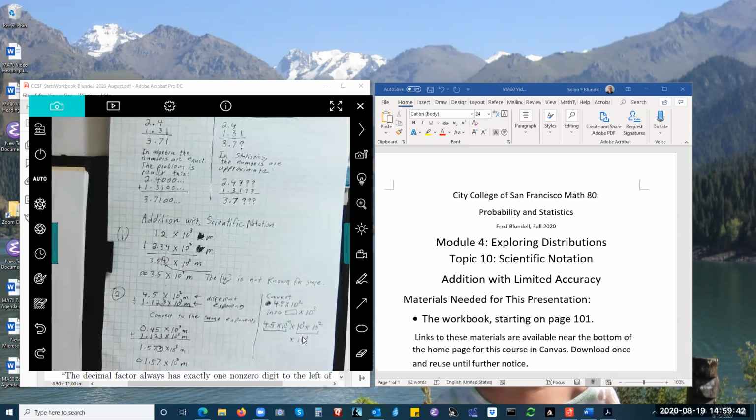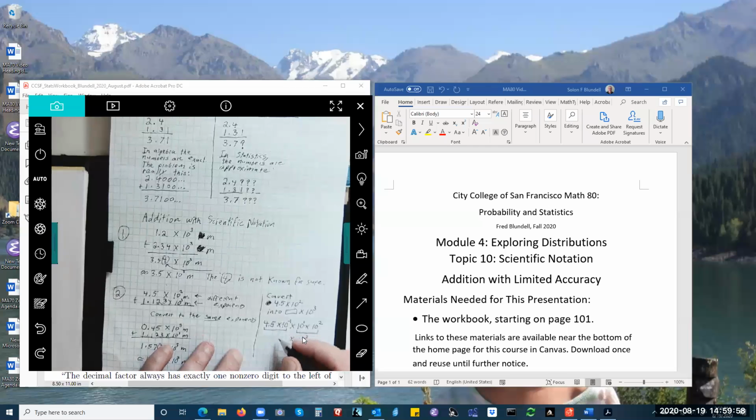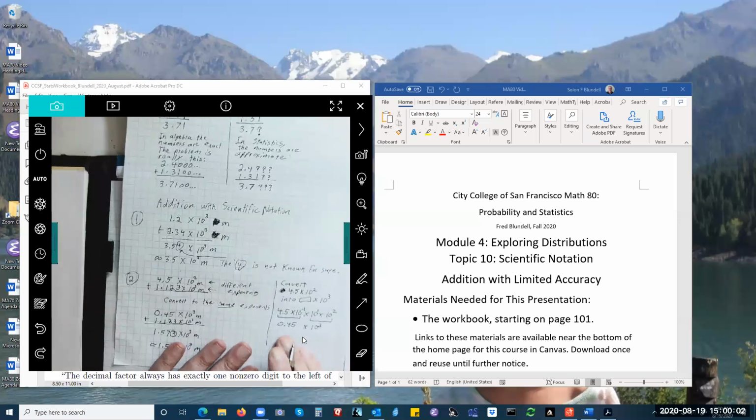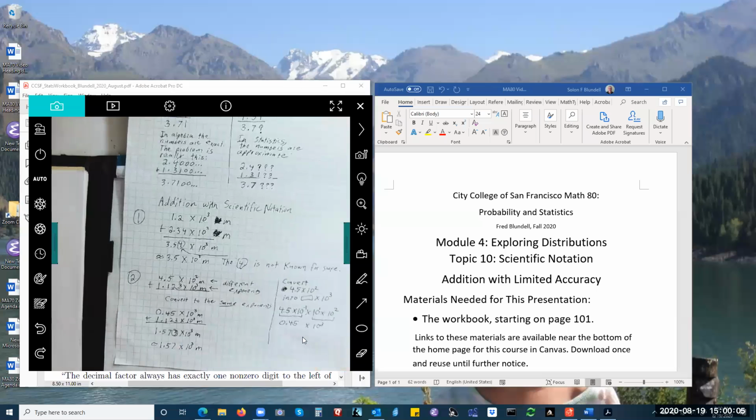And so if I take the 10 to the first times 10 squared on the end, I get the 10 cubed that I'm looking for. And if I take 4.5 times 10 to the negative 1, or 1/10, that just turns into 0.45. So that's how I got from my original problem to this second one where the units are kilometers both places.